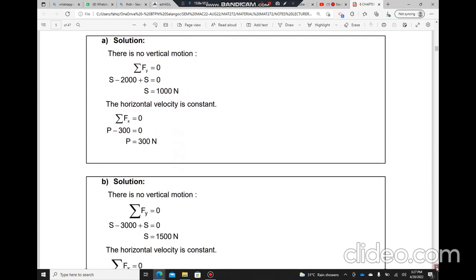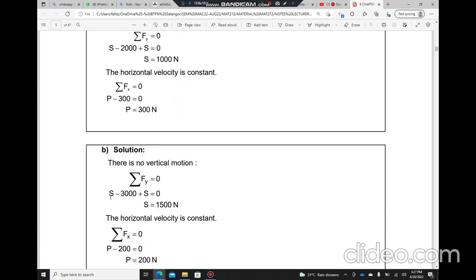S 200 dengan P. So, samalah kat sini S dengan S. And then minus 3000. Okay, so you get the value of S. And then horizontal velocity kat sini P minus 200. So, P equals to 200.